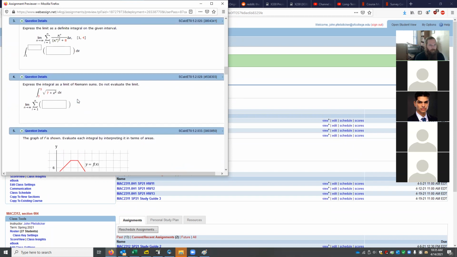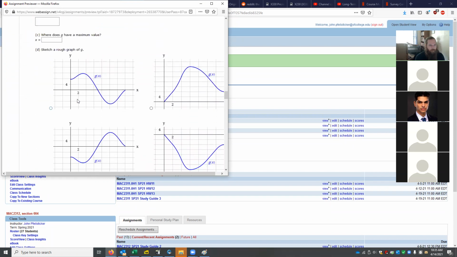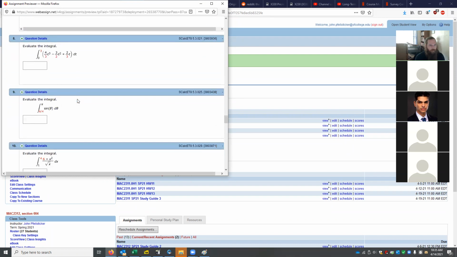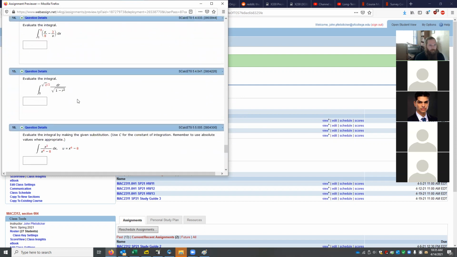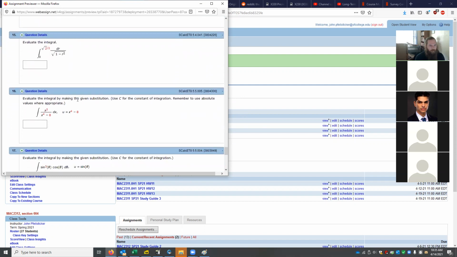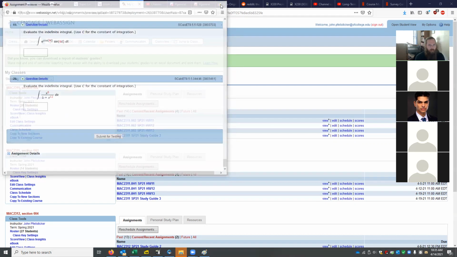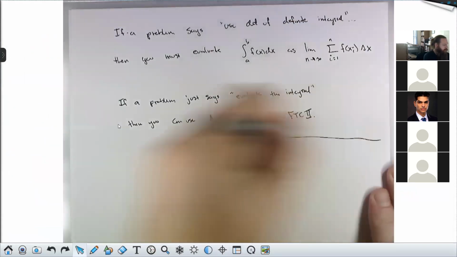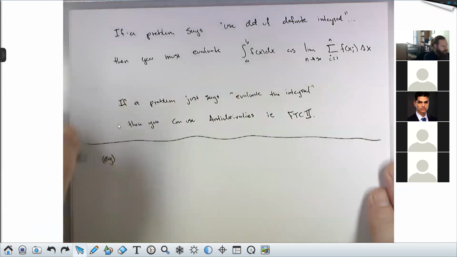Do not evaluate. Here, they give you that. Evaluate the integral, evaluate the integral, evaluate the integral. Oh, it looks like there aren't any of these on the study guide. I meant to put one in there. Let me see. I may go back and add one. So here, let's do one.